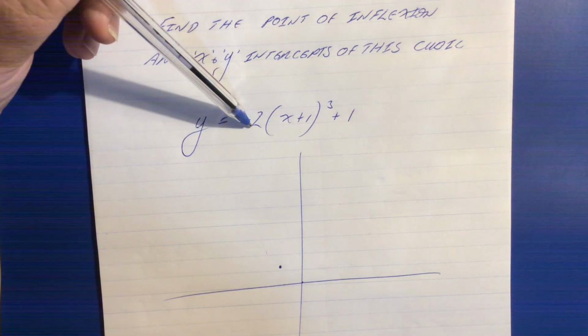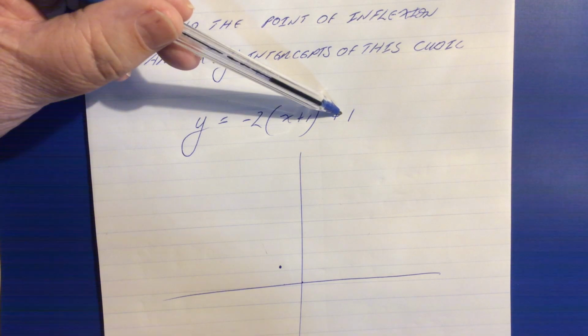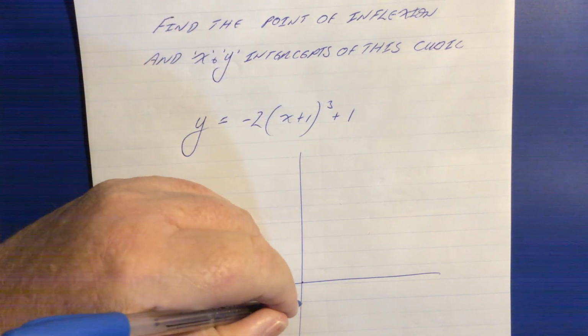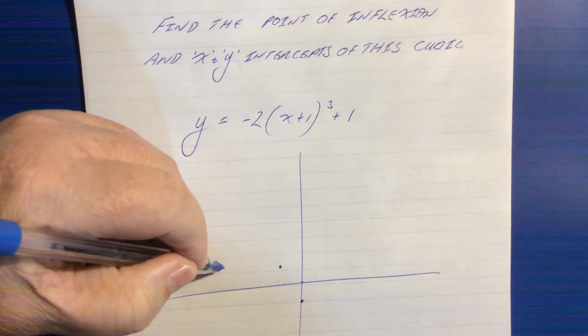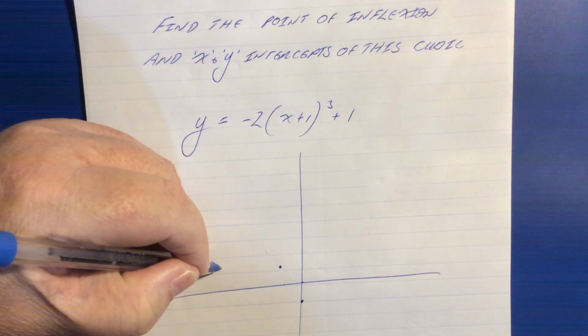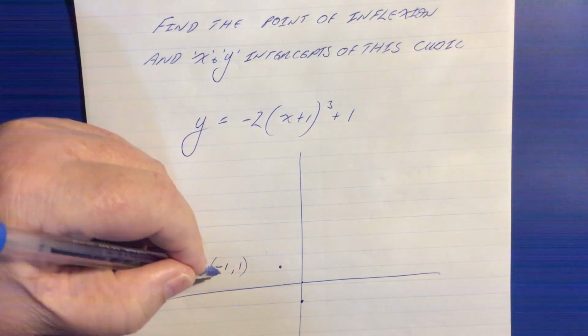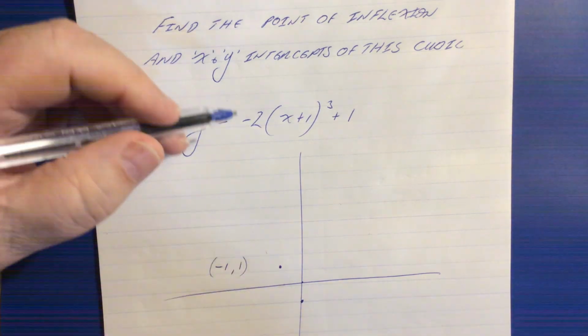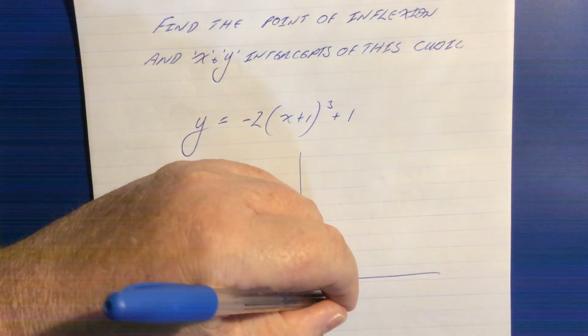So 1 times negative 2 is negative 2 plus 1. Negative 2 plus 1 is negative 1. So what have we got so far? Well, we've got negative 1, 1 as a point of inflection. We have a y-intercept of 0, negative 1.